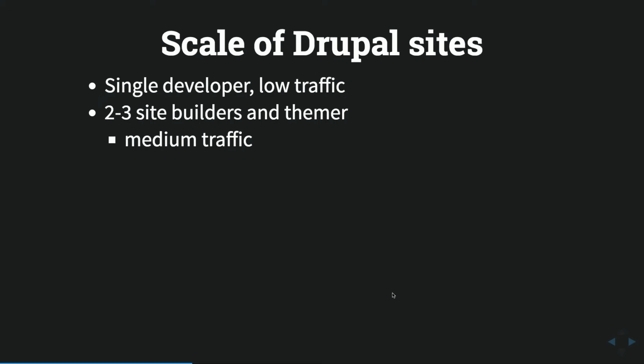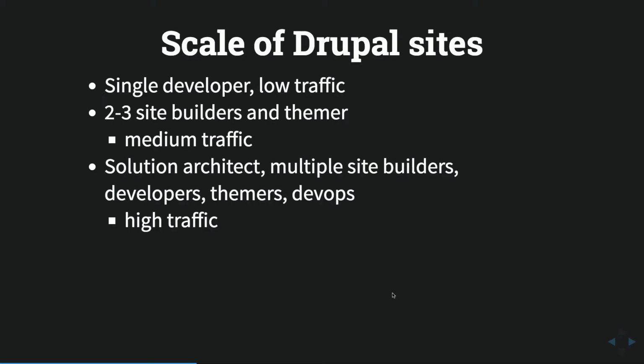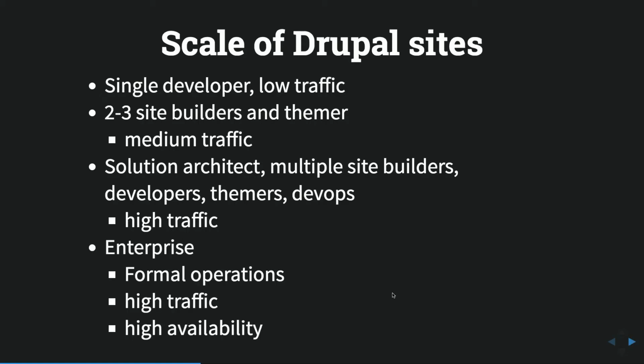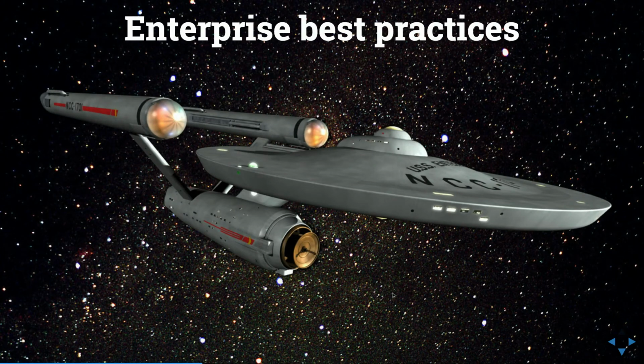Traffic is like 100 hits a day or something, or 1,000 maybe. Even bigger projects where you really need a solution architect, you have multiple site builders collaborating, themers, maybe even a DevOps team. And then you have really large scale projects. You have a formal operations deployment process with high traffic and high availability demands, right? The sort of enterprise we hear about a lot.